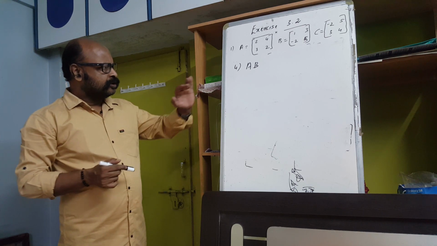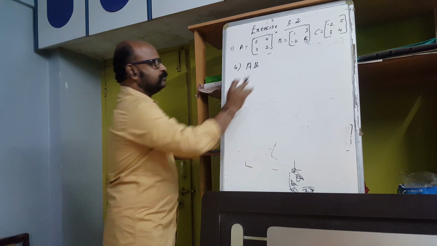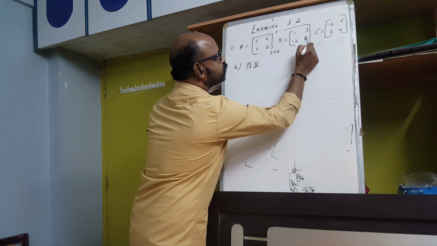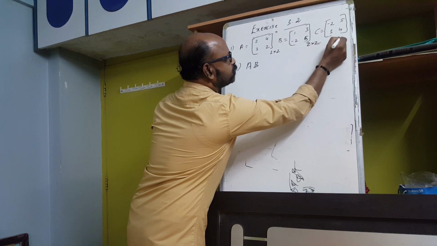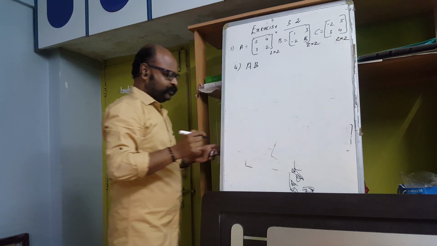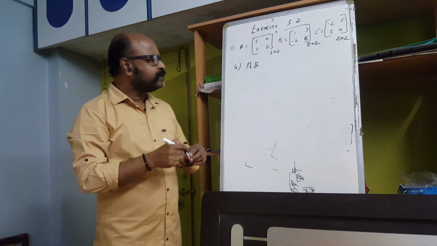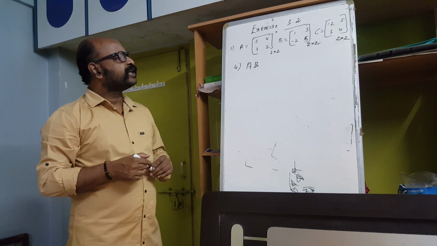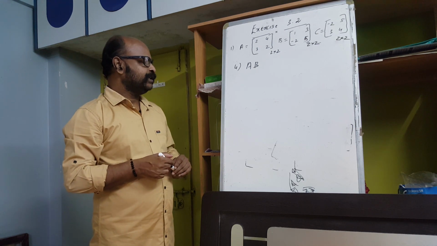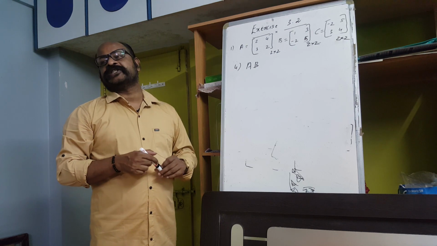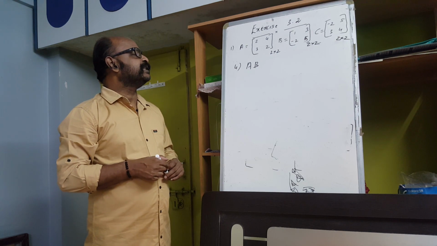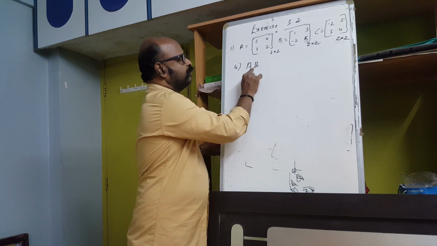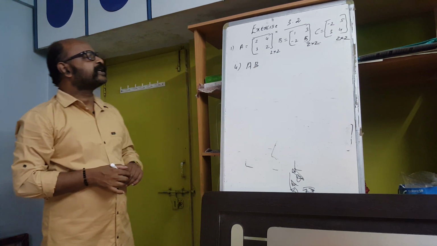Okay, so here A is of order 2 by 2, B is of order 2 by 2, C is of order 2 by 2. And actually here all the three matrices are of the same order, so verification is quite easy. But then also we just consider the verification in the general way. Okay, so we come to the product AB.